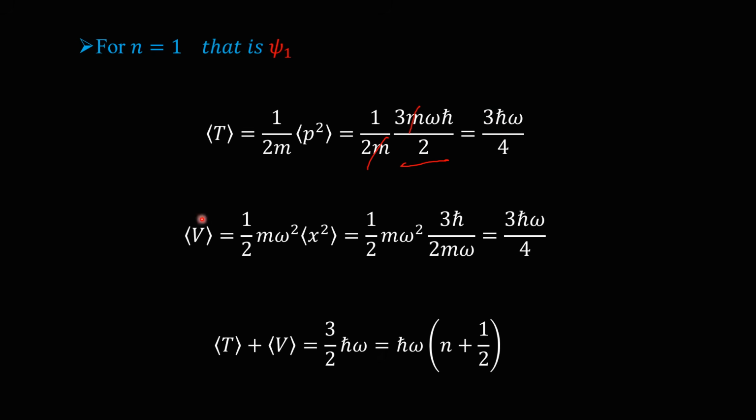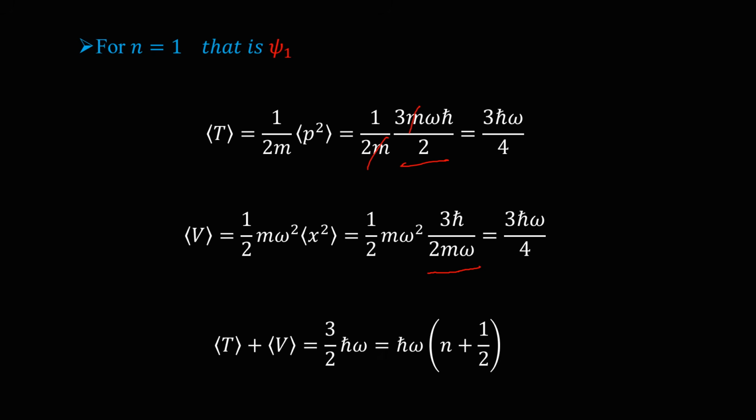And similarly the expectation value of potential energy is half m omega squared times the expectation value of x squared. For psi 1 we have seen the expectation value of x squared is 3h cross divided by 2m omega.